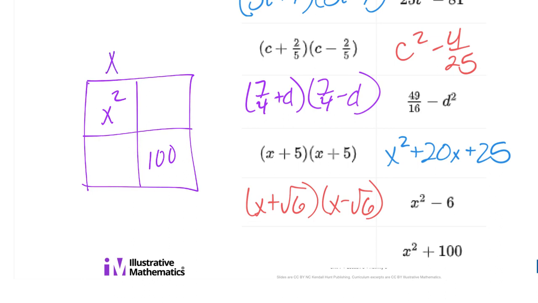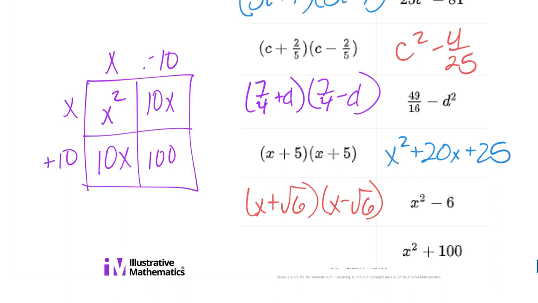This last one, I know I could do x times x to get x squared. And then to get 100, if I try out 10 plus 10, they both need to be positive to get me a positive 100. I'm going to end up with 10x here, 10x there, which is going to be a total of 20x, which is not what I want.